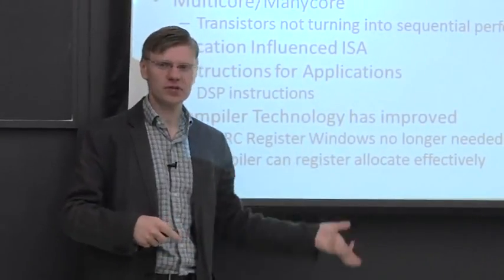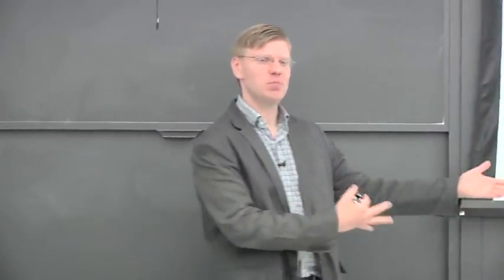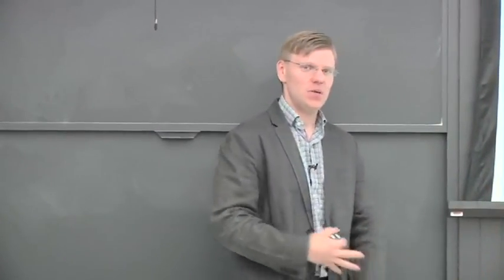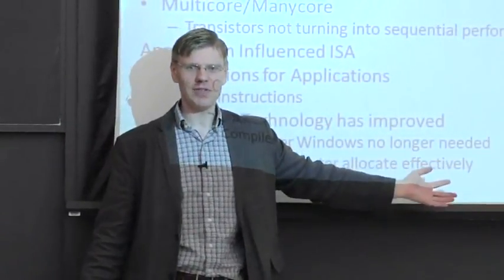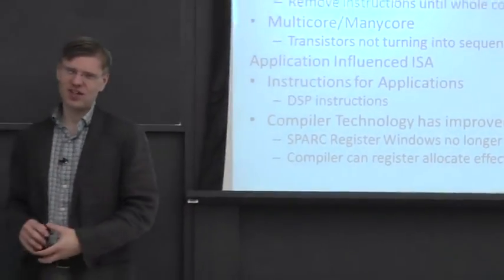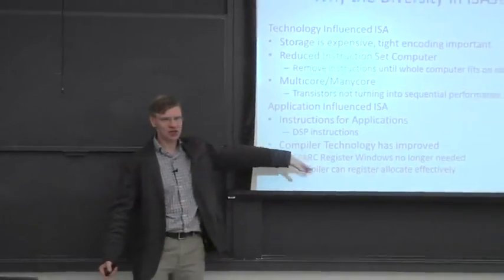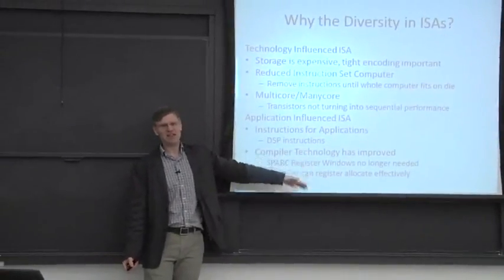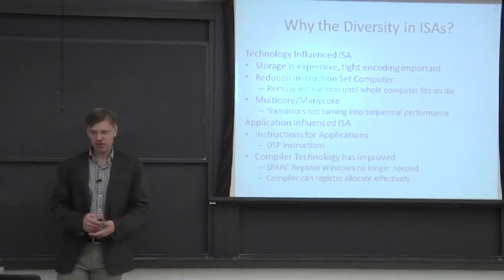But at the time, compilers were very simple, so people didn't know how to do that, so they needed hardware help to do that. So the instruction set architecture has that baked into it. But now that we have effective register allocation, we've not seen any other register windowed architectures come along after that. And if you talk to anyone who actually went and implemented a Spark instruction set architecture, microarchitecture, they basically hate register windows. It's like the bane of this architecture. But at the time, compiler technology was not good enough.